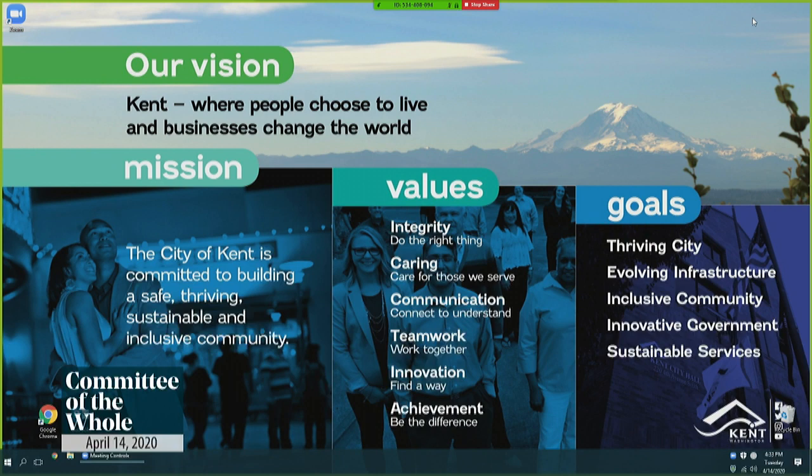We want to be ready when this market turns and have programs that incentivize builders to come. Keep in mind, all the other cities around us already have this on their books. So I find it hard to see why we as Kent would not want to encourage this type of development in this city. It's just something to think about.